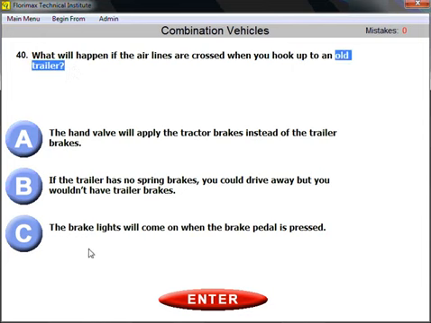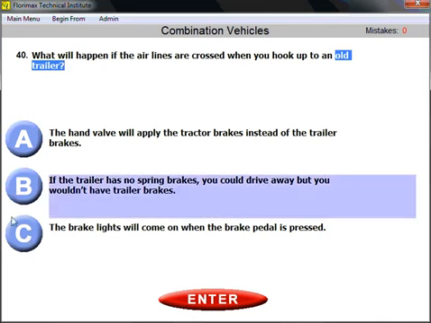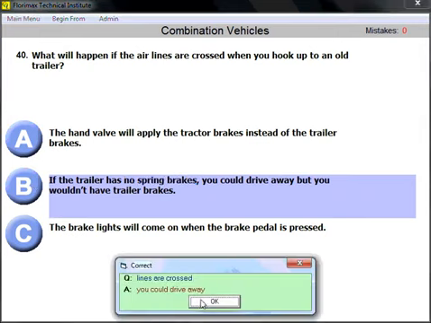If it doesn't have spring brakes, you would probably be able to drive away, but you wouldn't have trailer brakes. Let's see. Yes, you could drive away.